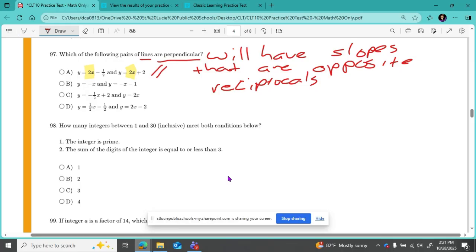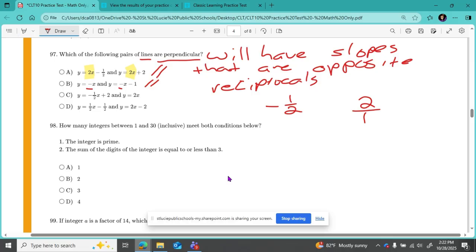These slopes on B are equal. Again, -1, parallel lines. C, -1/2 and 2. They are opposite because one is negative, one is positive. And we can take any whole number and turn it to a fraction by putting a 1 at the bottom.